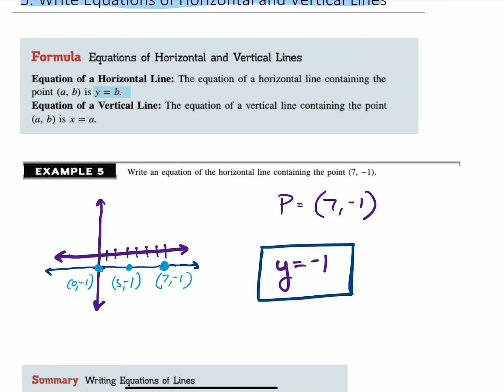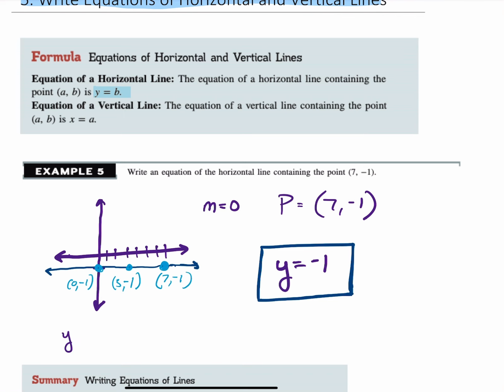And we would see this result as well if we took the previous approach. If you remember, the slope of a horizontal line is equal to 0. And in fact, let's do that just to see. Let's plug into point slope form where the slope is equal to 0, and that's our point.